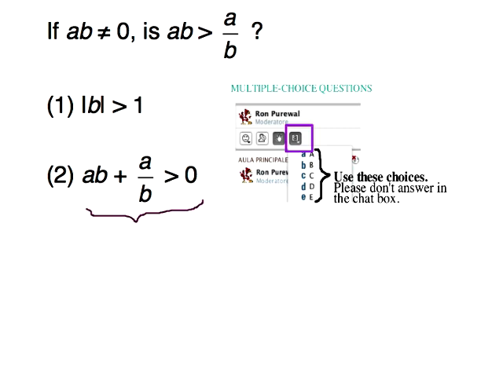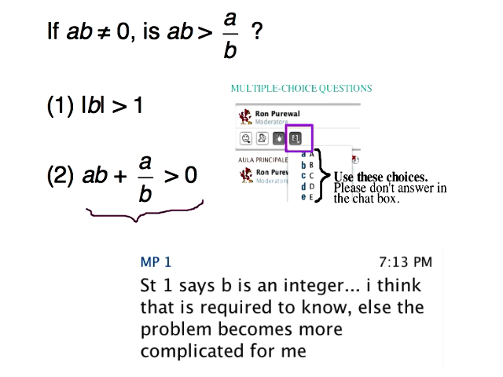So this is statement 1. Does statement 1 say B is an integer? Statement 1 doesn't say that. You guys are looking at the right screen, right? Somebody wrote this in the chat box.